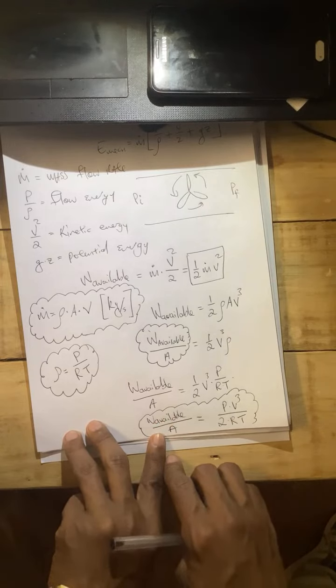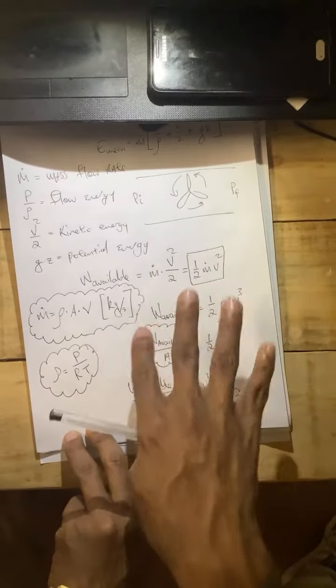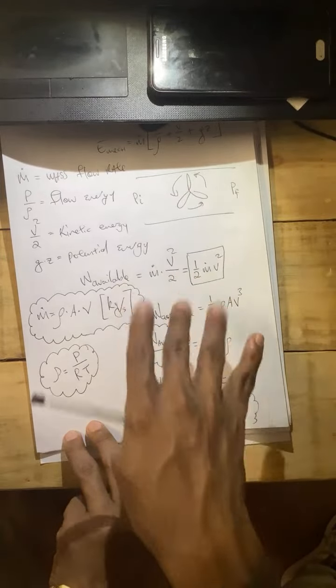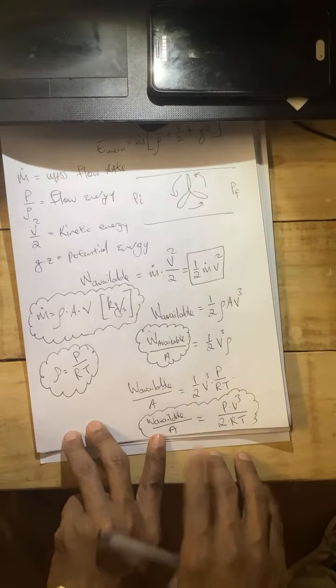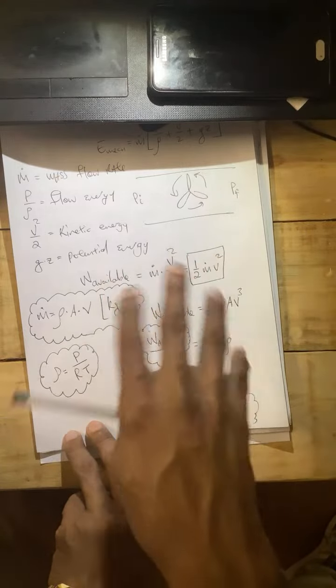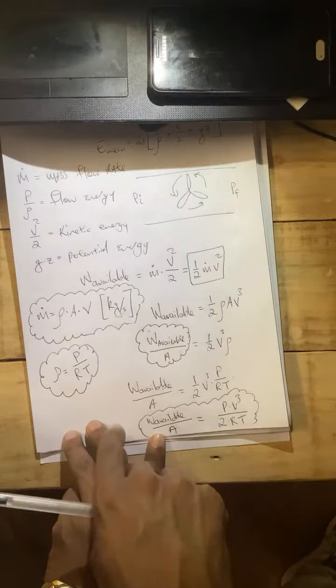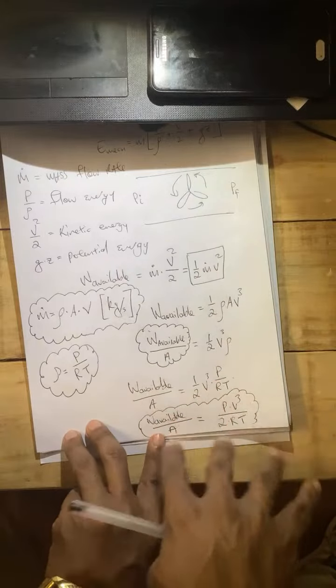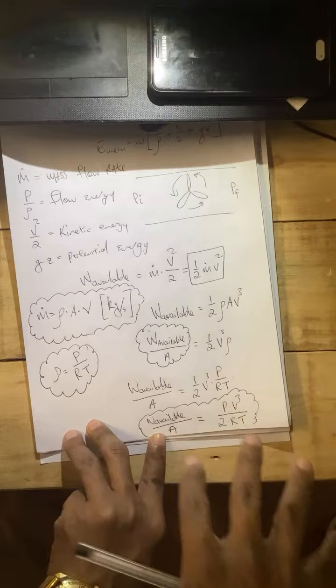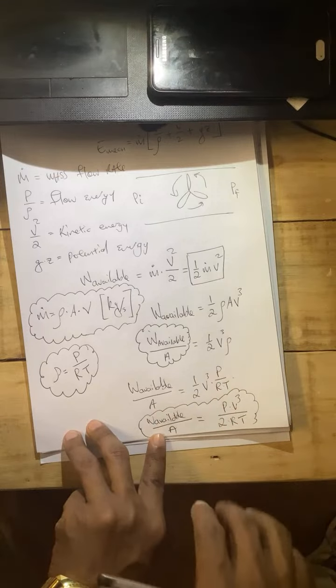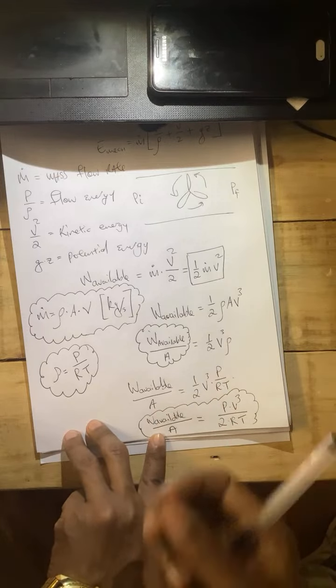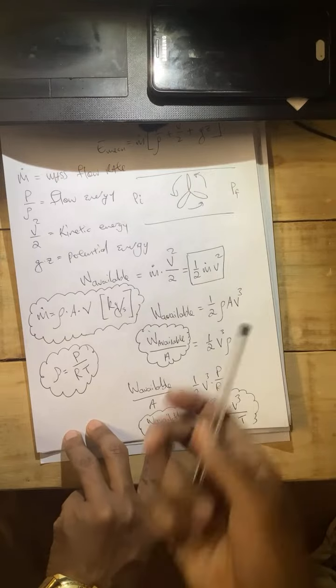Okay? And this is just a way of manipulating a few equations and understanding their significance in the context of a wind turbine. Obviously, these are not the final set of equations. This is just to whet your appetite and show you what's out there.